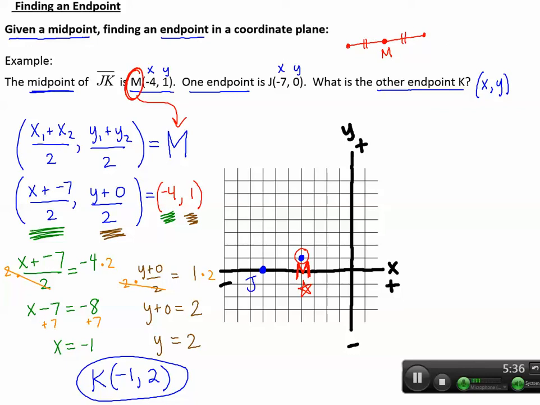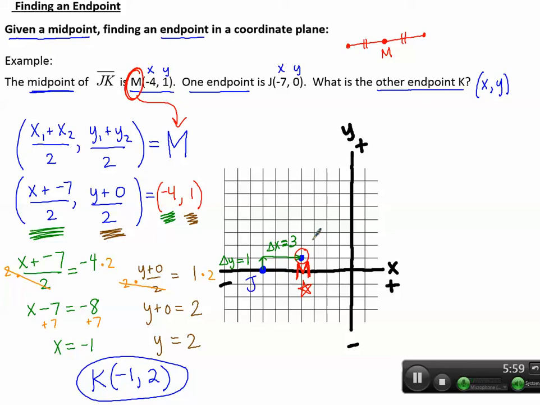So let's find the change in y starting from J heading towards M. So from J, I only have to count up 1 unit. So that means our change in y is positive 1. Our change in x, 1, 2, 3 units. So change in x is 3 units.